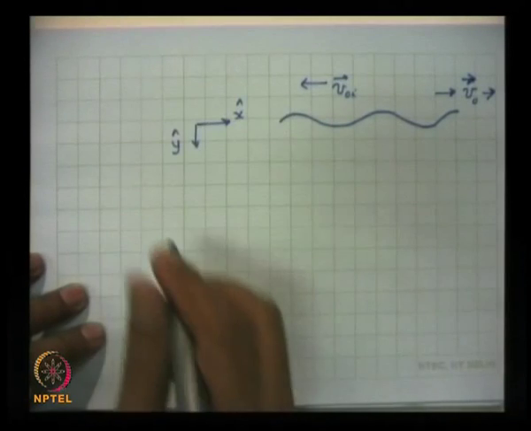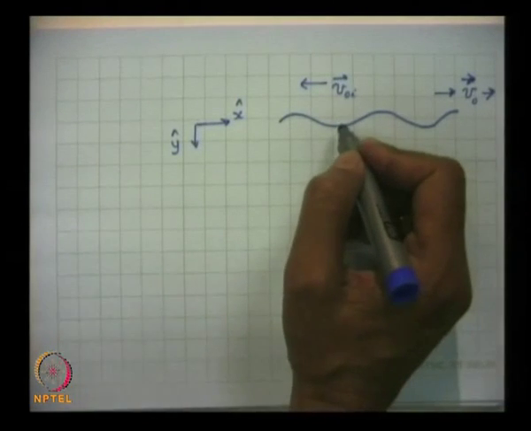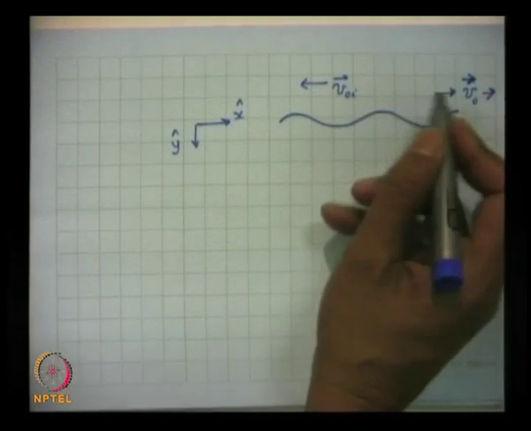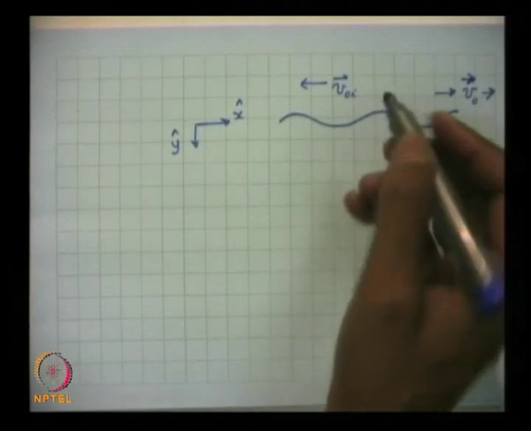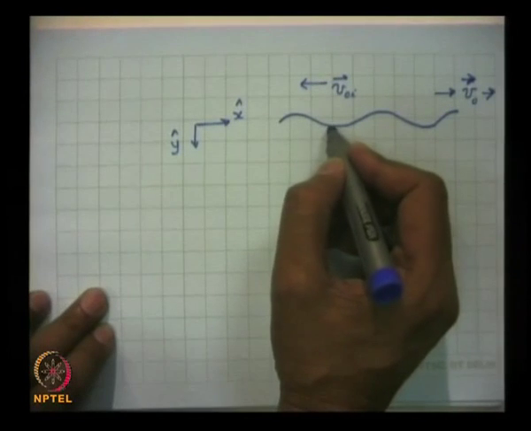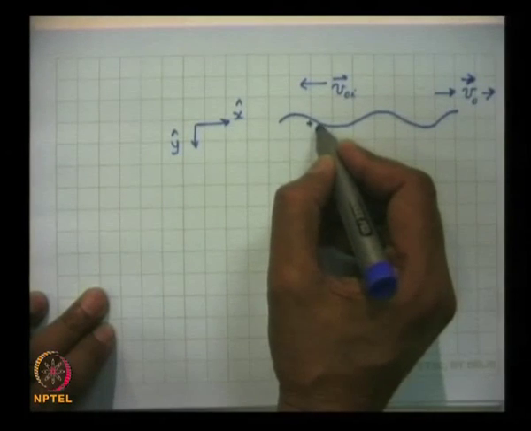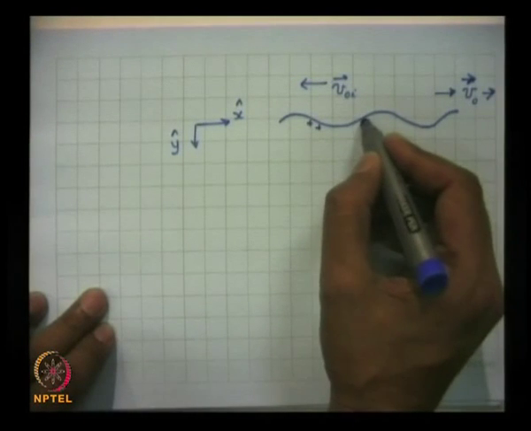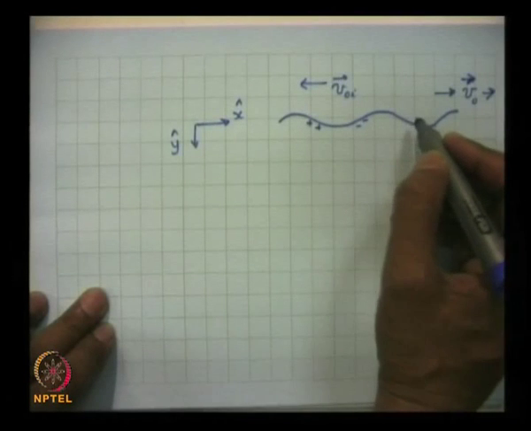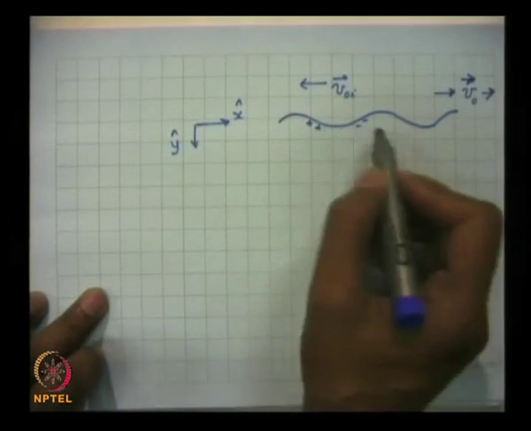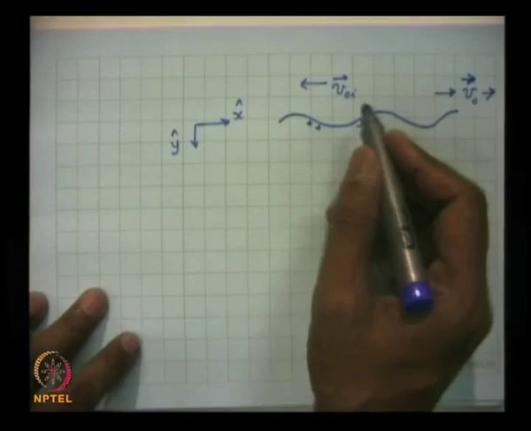X cross y will be a right-handed screw going into this board. Now, when the electrons and ions move in opposite directions, look at this region here, the ions will come somewhere here and electrons will be appearing there. So they will produce an electric field in this direction.